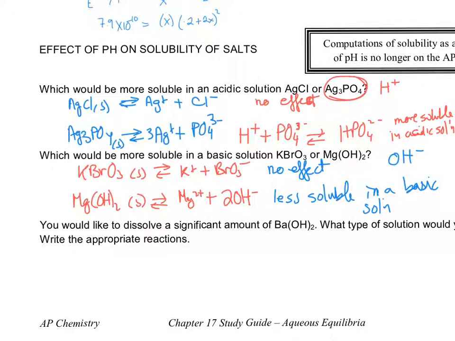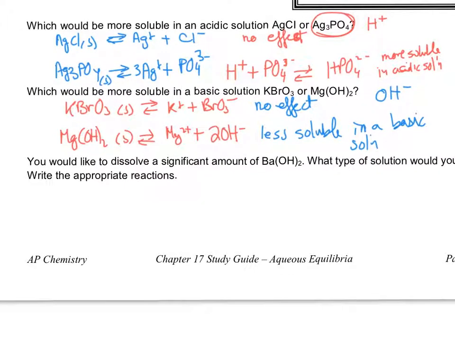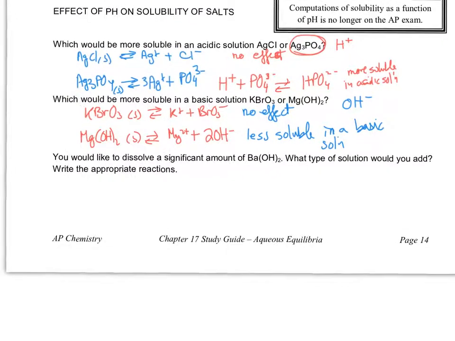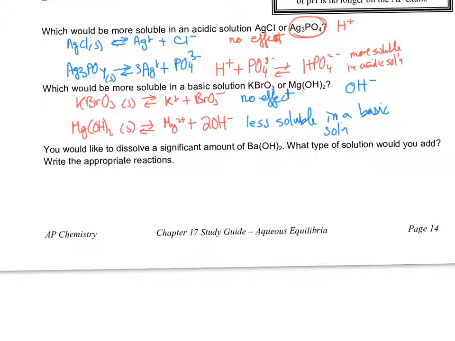All right, let's look at the last one here. It says you would like to dissolve a significant amount of BaOH2. What type of solution would you add? And you want to write the appropriate reactions. So what are our choices?